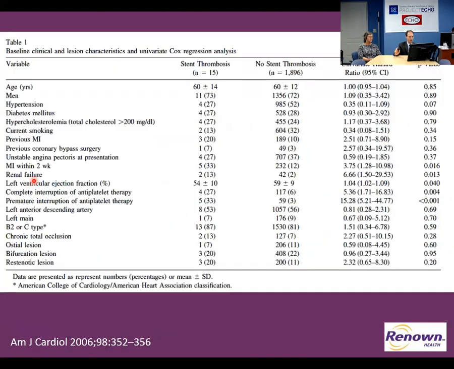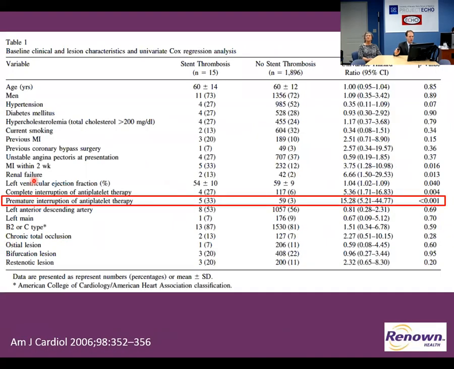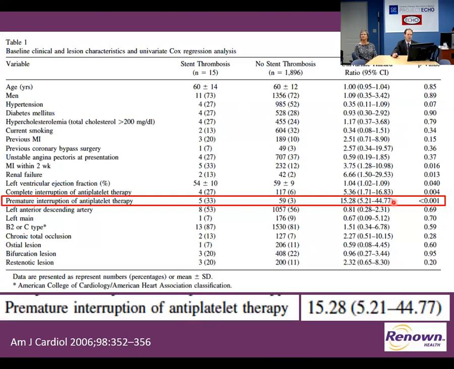This next is a little bit better. This shows all the risk factors for stent thrombosis. And if you look at the relative risk of stopping your antiplatelet therapy, that's about 15 times or 1,500% higher if you stop antiplatelet therapy before 1 year.